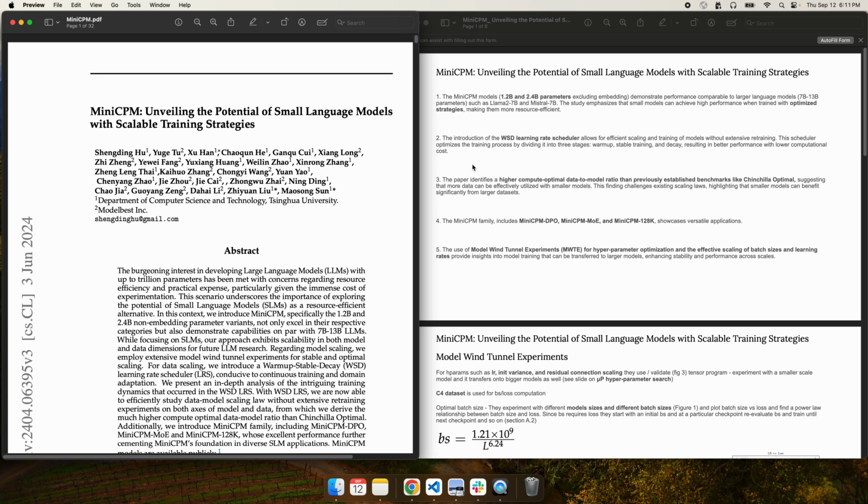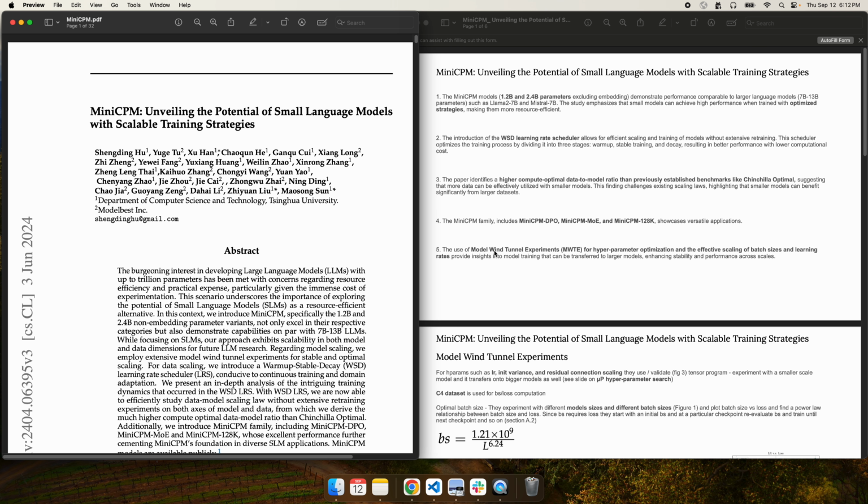Among the training strategies, they also introduce a learning rate scheduler, which they say is better than a cosine learning rate scheduler, which is mostly used by folks. They also say that there's a higher compute optimal data to model ratio than what was previously established.